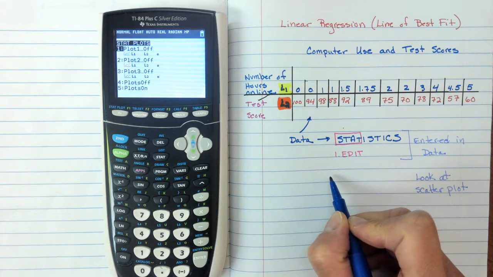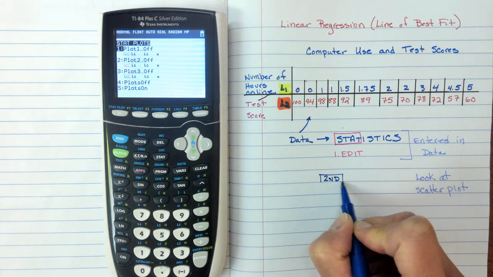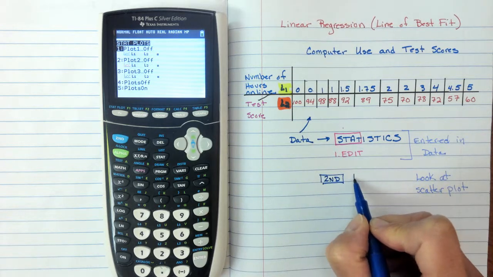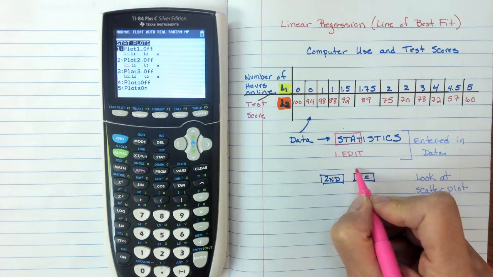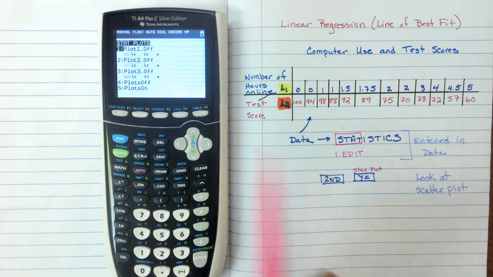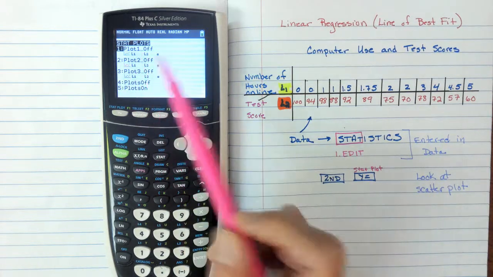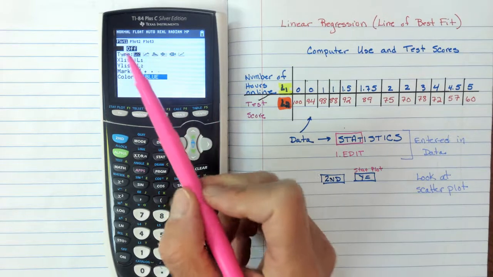So let's write that down. I'm going to do second, and then that's my y equals button, which is called stat plot. Notice how it says that it's off. I want to turn it on. So I push enter.